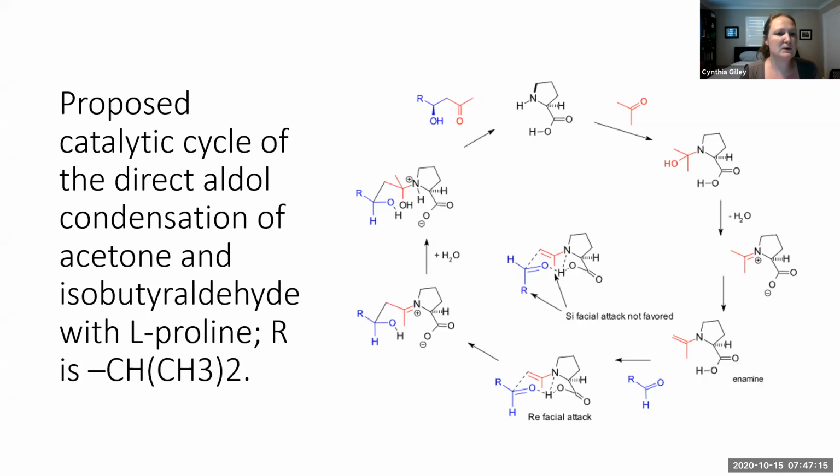Let's look at the proposed catalytic cycle of the aldol reaction, which we can also know has that longer name, starting with Hajos. Of acetone and isobutyraldehyde with L-proline, they've abbreviated the isopropyl group as just being an R group in this case, because there are a variety of other R groups that can be used as well.